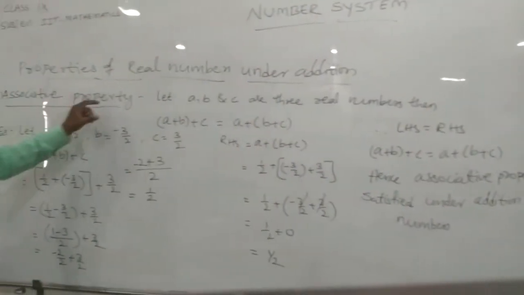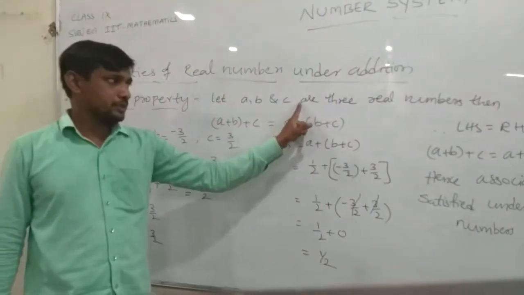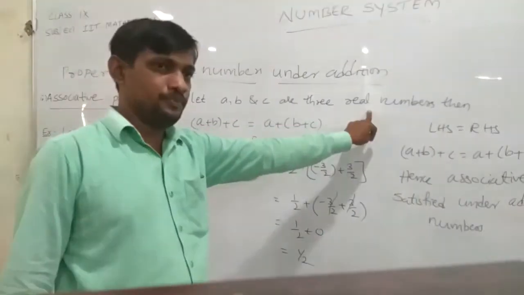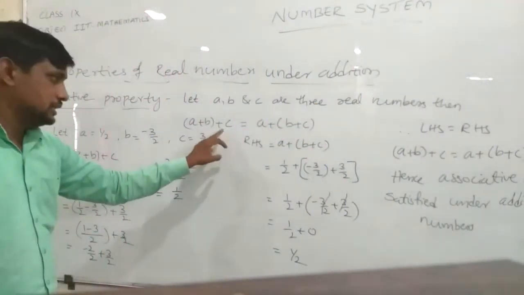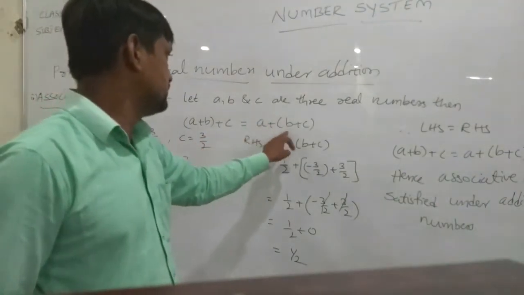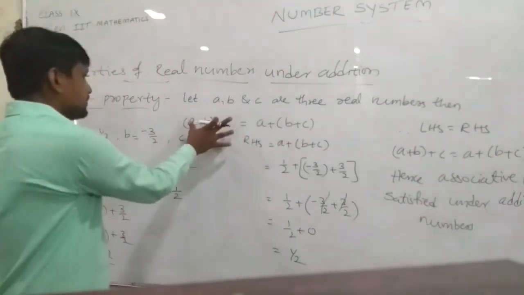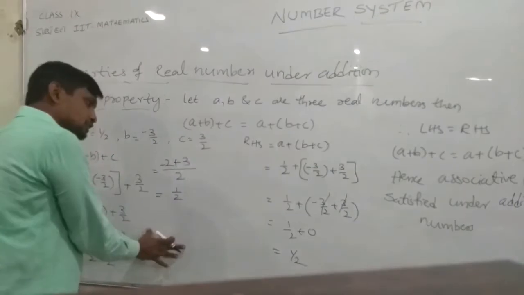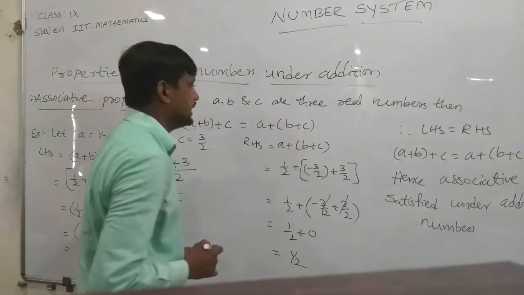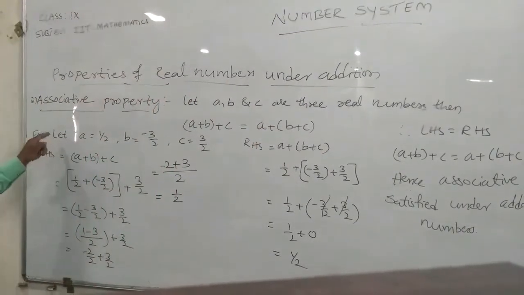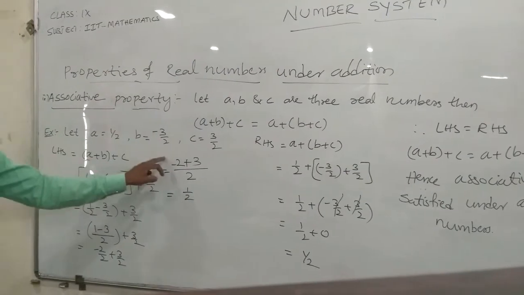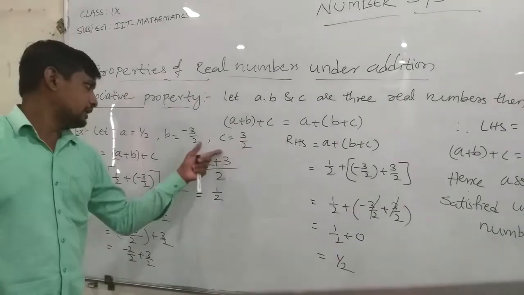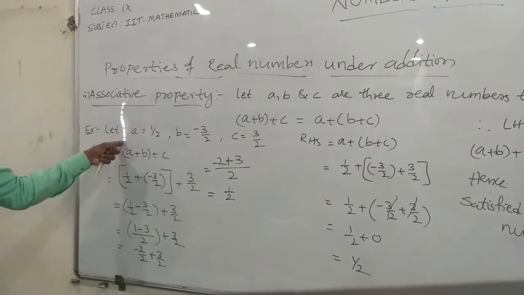So here a, b, c are three real numbers. Then I am going to add, (a + b) + c should be equal to a + (b + c). That means first I am going to take the LHS and solve it. Next I am going to take the RHS and solve. I am taking the three numbers a equal to 1 by 2, b equal to minus 3 by 2 and c equal to 3 by 2, which are three real numbers.